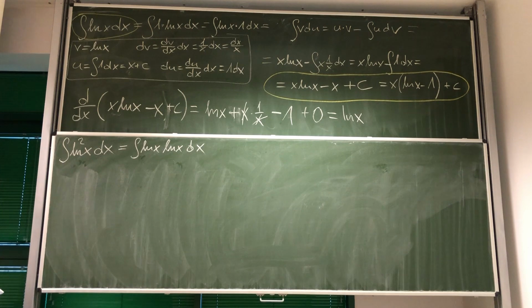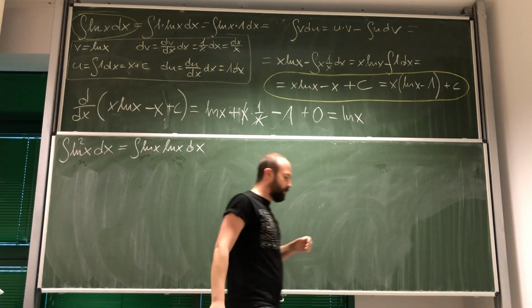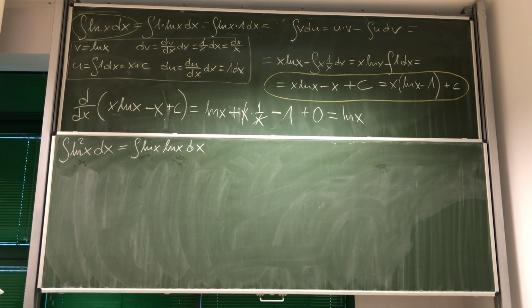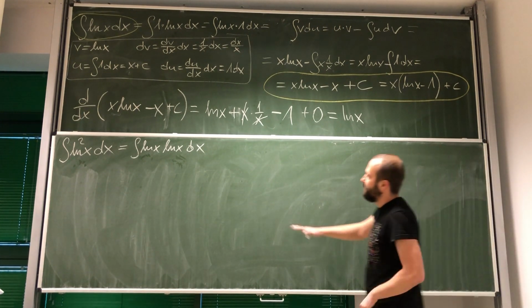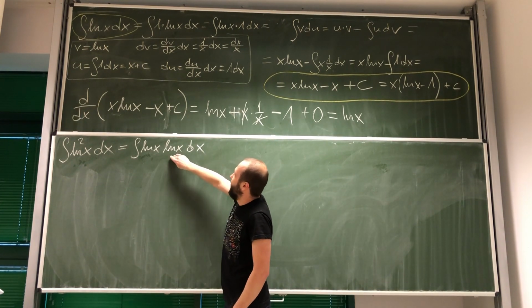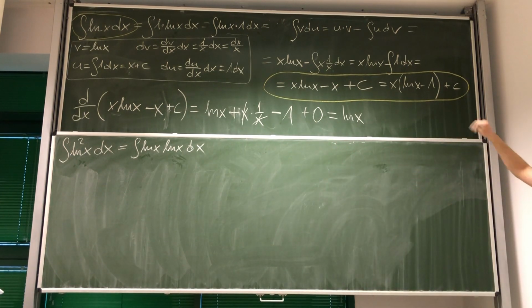If we have two ln x's, it means we've got two components, one is going to be v, one is going to be u. But look, in order to get u, we would have to find the integral of ln x. We know it right now, so we could use it.